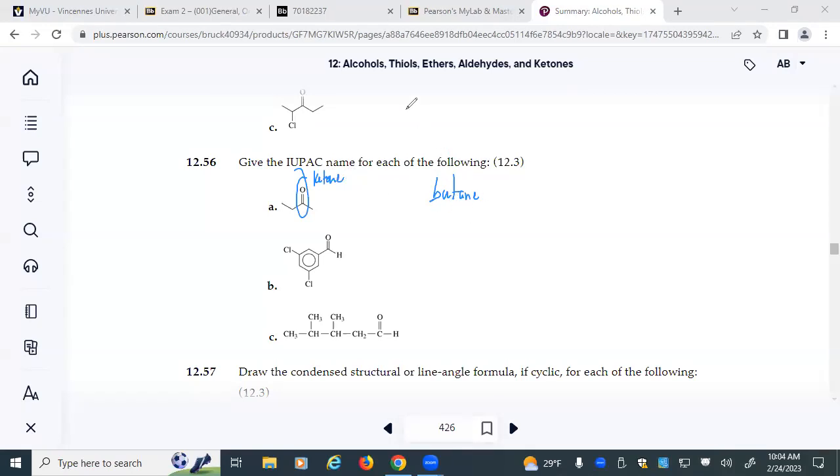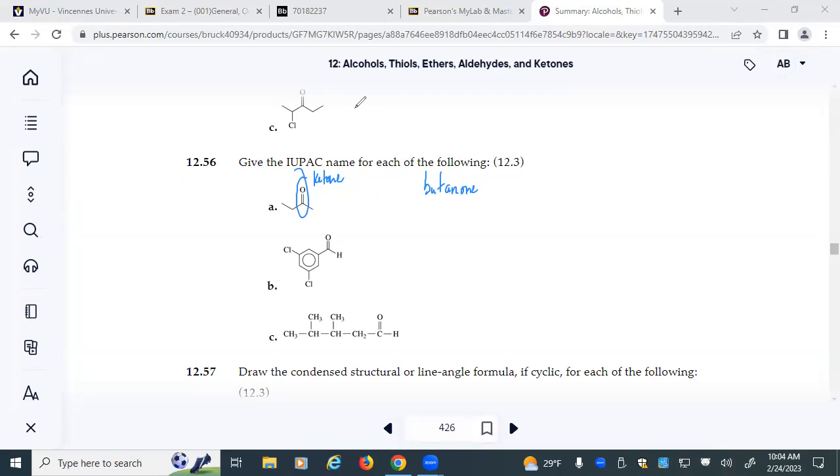So I'm not dealing with butane, I'm dealing with butone. Or to clean it up a little bit, butanone, where we just add that extra syllable to it to make it a little bit more friendly.